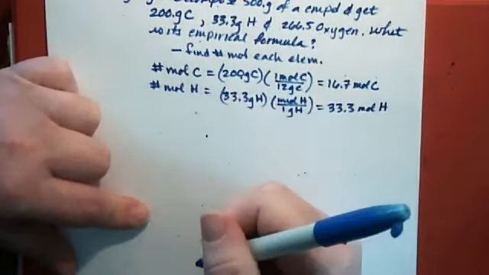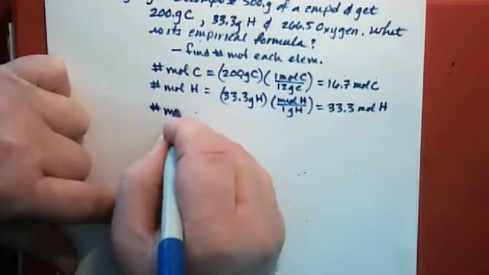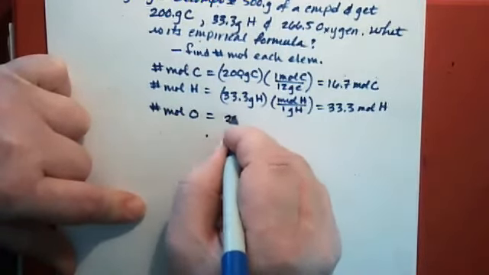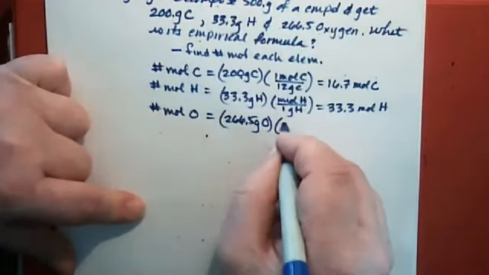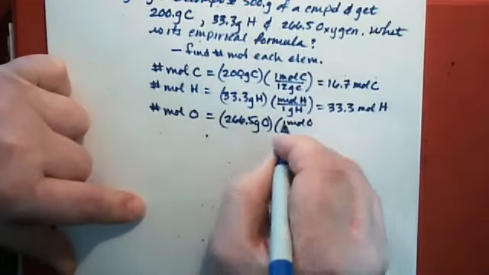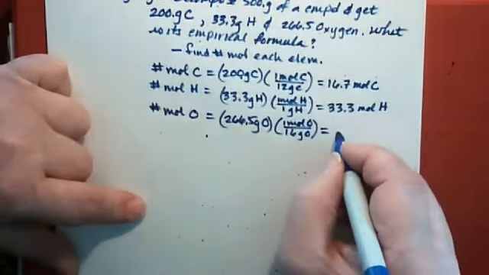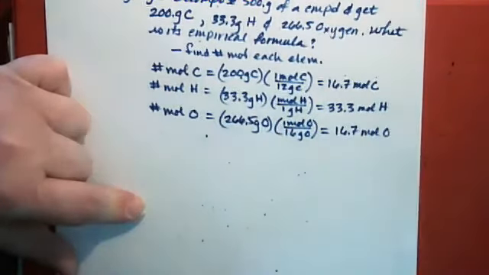And that's 33.3 moles of hydrogen in this sample. And the moles of oxygen would be 266.5 grams of oxygen, and there's 1 mole of oxygen for every 16 grams of oxygen. And that gives us 16.7 moles of oxygen.